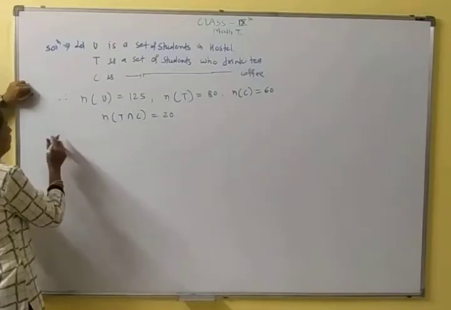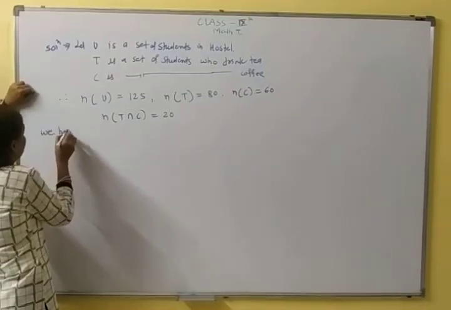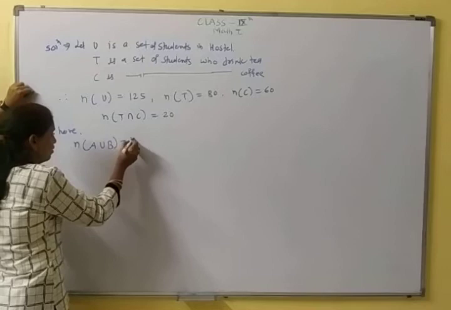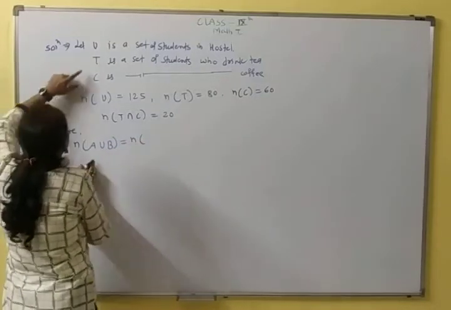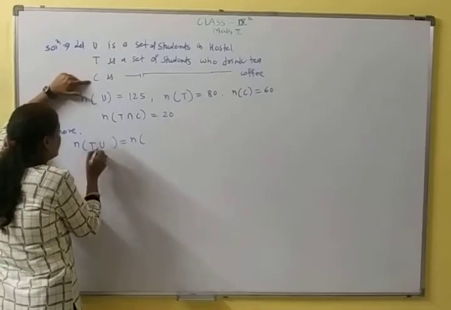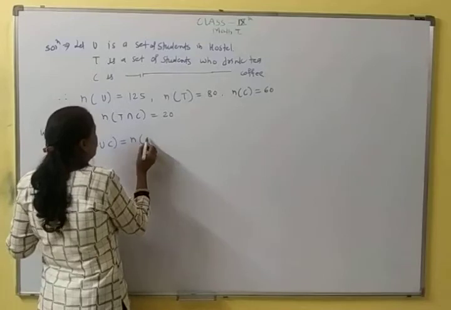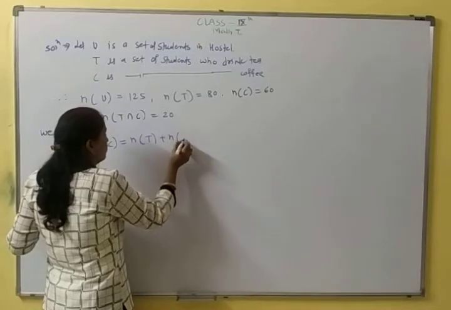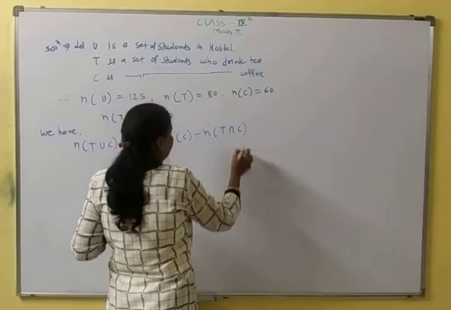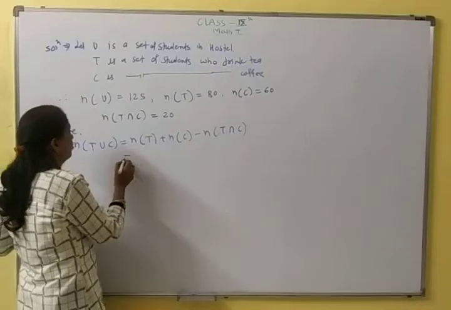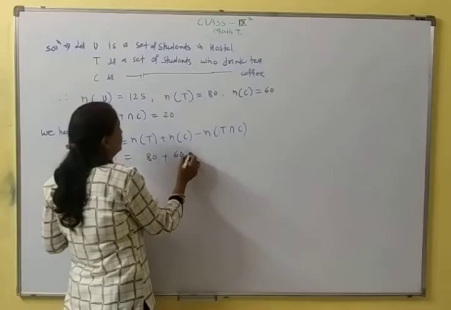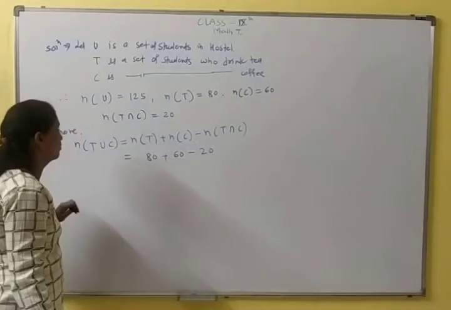So by using our formula, we have n of A union B equal to... here A union B, here it is T and C. So here n of T union C equal to n of T plus n of C minus n of T intersection C. n of T equal to 80, n of C equal to 60 and n of T intersection C equal to 20.